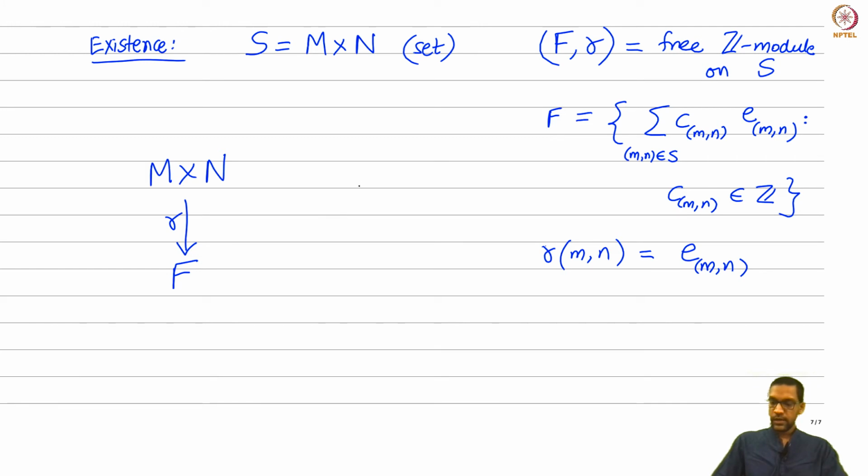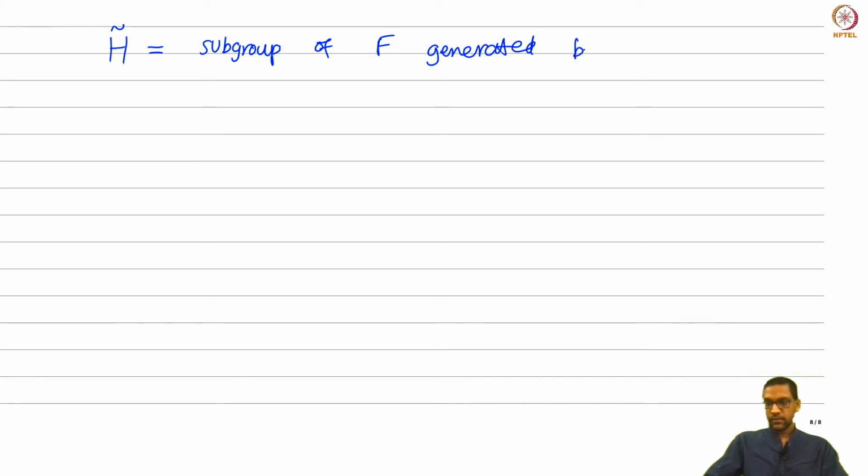Okay, and now the next step is to go modulo a certain subgroup. So F is an abelian group, and I have to go modulo a subgroup. If you recall how this subgroup was constructed in the case of the tensor product of Z modules, let's just do a similar thing. What is H tilde? H tilde is the subgroup of F generated by the set of elements of the following form.